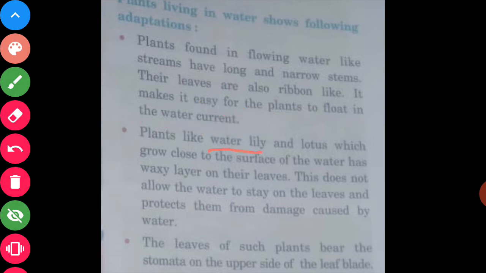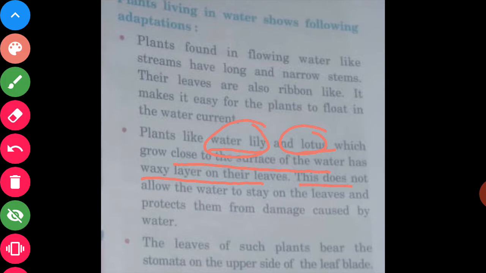Plants like water lily and lotus, which grow close to the surface of water, have a waxy layer on their leaves.